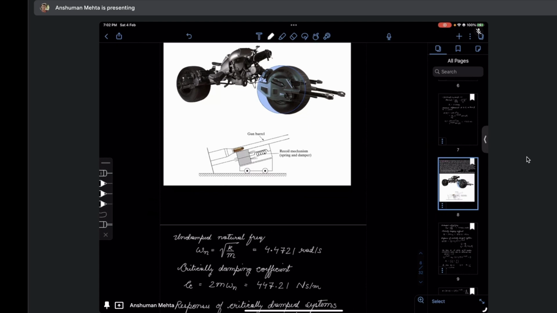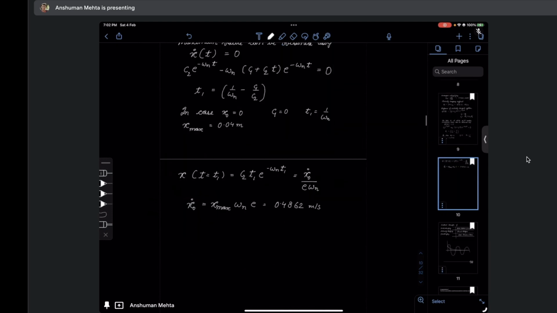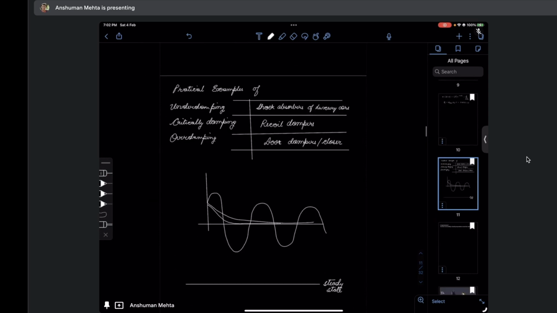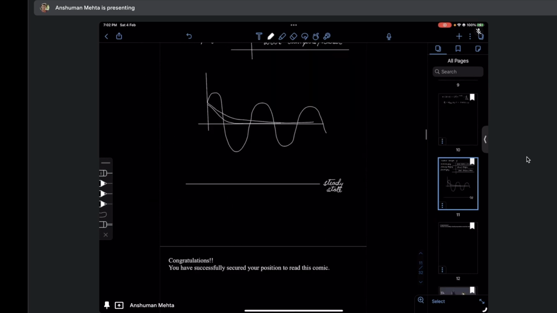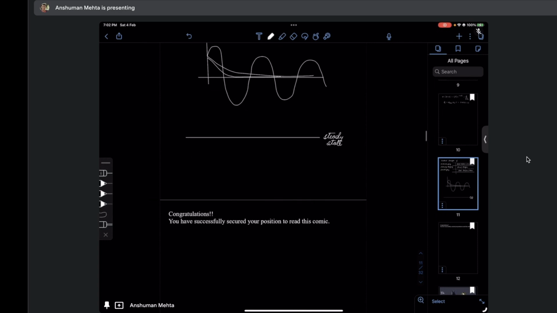So this is a practical problem as such. It has all the components of the vibration analysis, linear vibration analysis, and congratulations, you have successfully secured a position to read this comics. So we can move on with the reading of the comics.